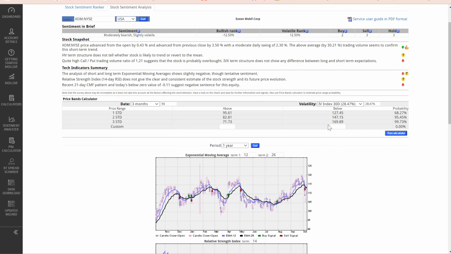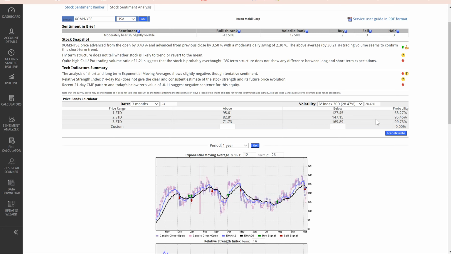Now, the market makers are very smart, so they know this as well. That's why options priced at 1 standard deviation, so any option priced between 95 and 127, that's going to be a bit more expensive than options priced below or above that level, right? So as these probabilities get higher, the options do get cheaper, right?